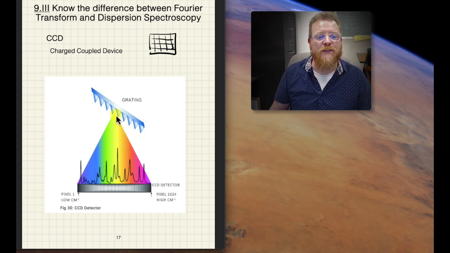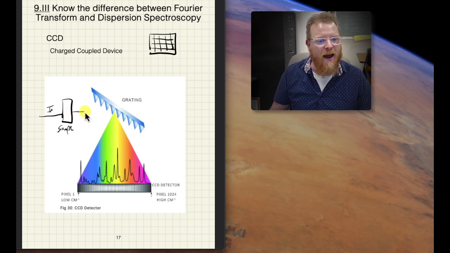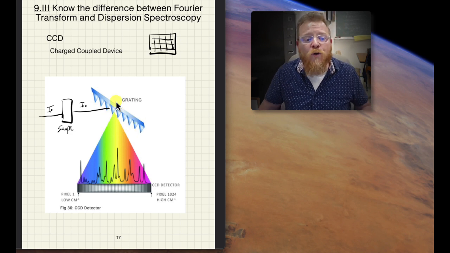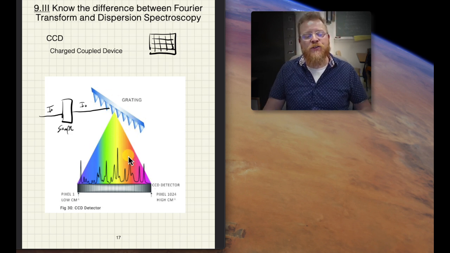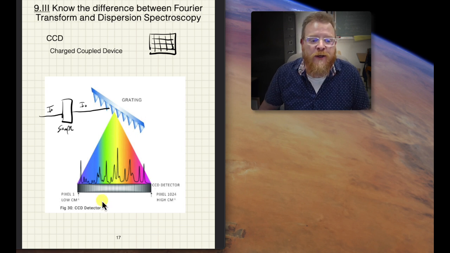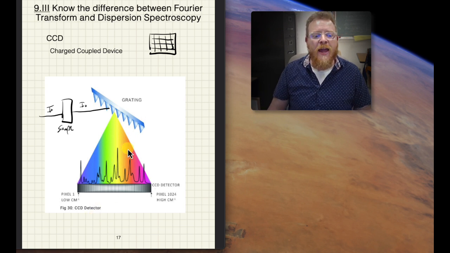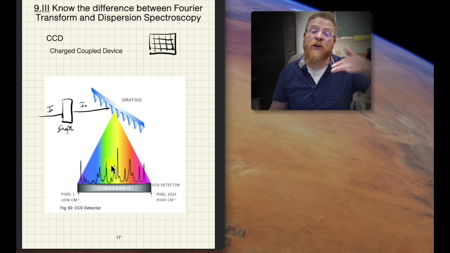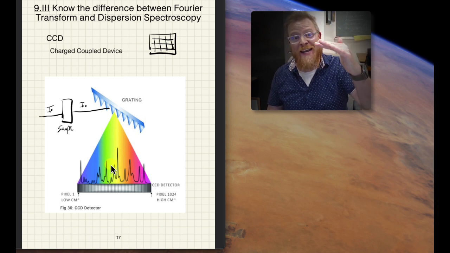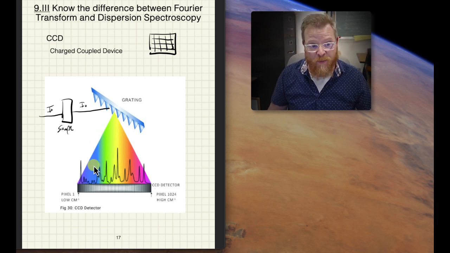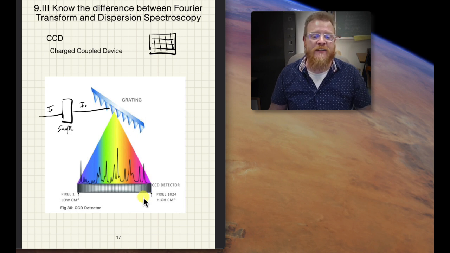And so now, as you can imagine, suppose we have our sample and we now have our incident beam, and then I naught comes out, our transmitted beam, well, our grating is going to diffract all of those different wavelengths. And if we had just a very simple detector, we would have to pitch our grating in and out to bombard those different wavelengths onto the detector.